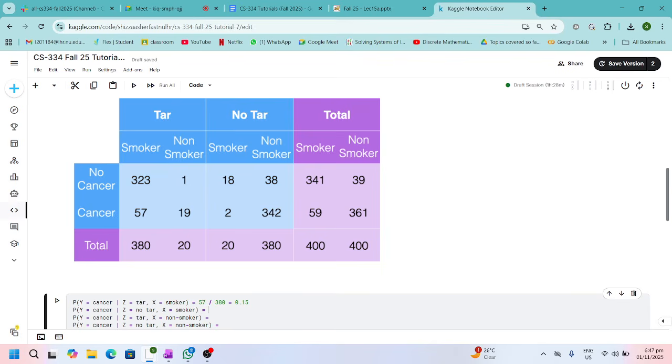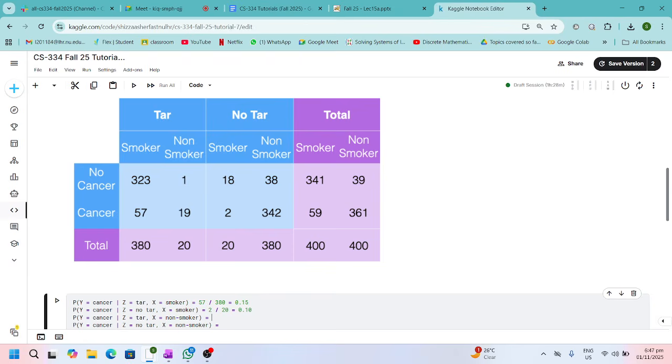Okay, moving on. Then I have z equals no tar and x equals smoker. For this, what row am I going into? No tar. So I'm just going here automatically. This is the number that I'm looking for, 2. And since there were 20 in the smokers category, my answer is actually going to be 2 over 20, which is 0.10.